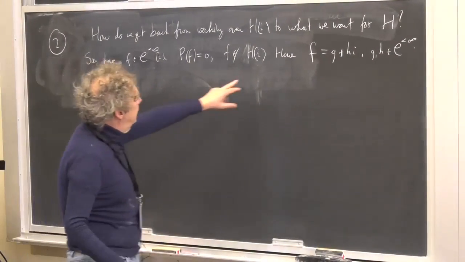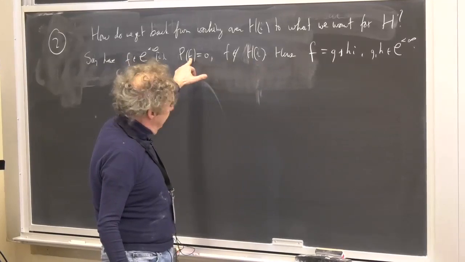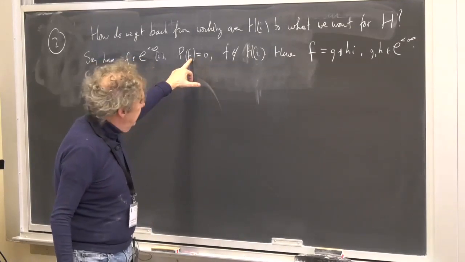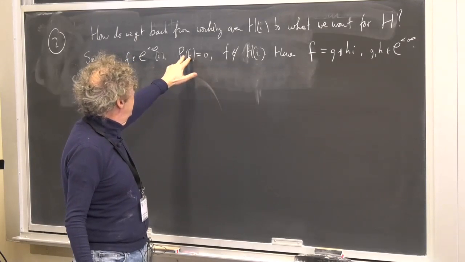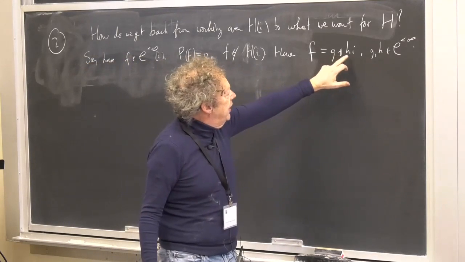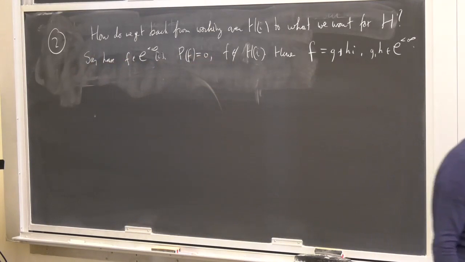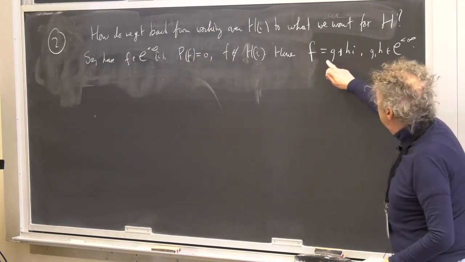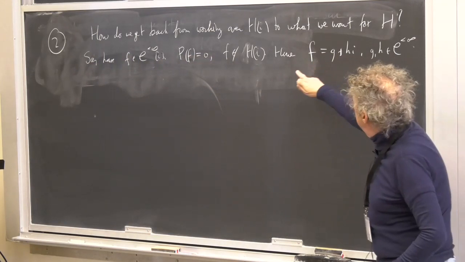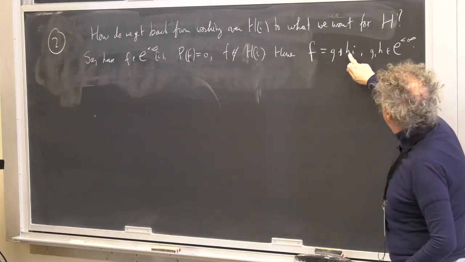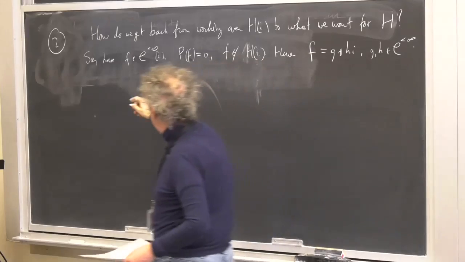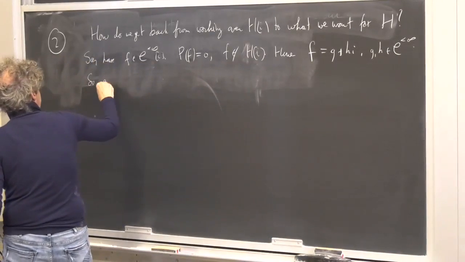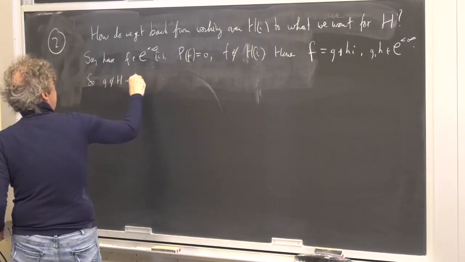So the idea is that F satisfies a non-trivial differential equation over HI, and then you can show that G and H will satisfy also non-trivial differential equations over H. And since F is not in HI, either G will not be in H or H will not be in H. Yeah? So G not in H or H not in H.